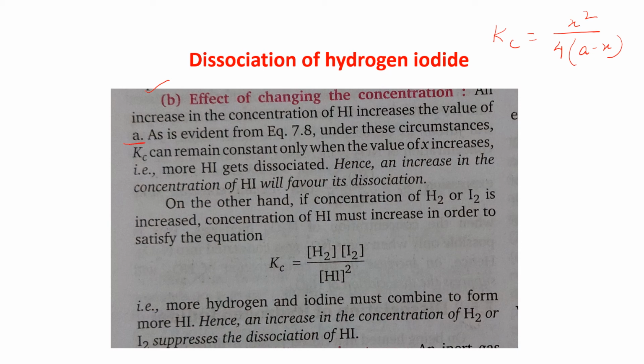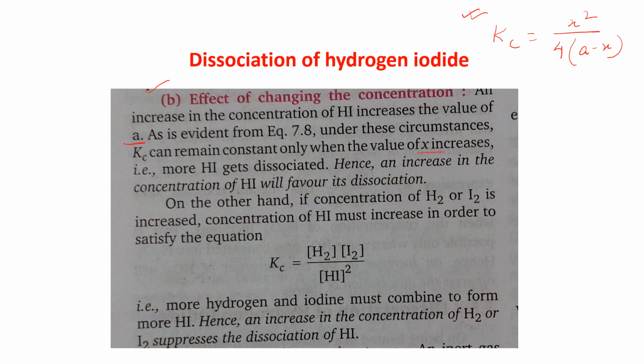Under these circumstances, if you are changing the value of a, that means the denominator is changing. So the Kc will remain constant because Kc is a constant term. It's the equilibrium constant. It is remaining constant. How is it possible?